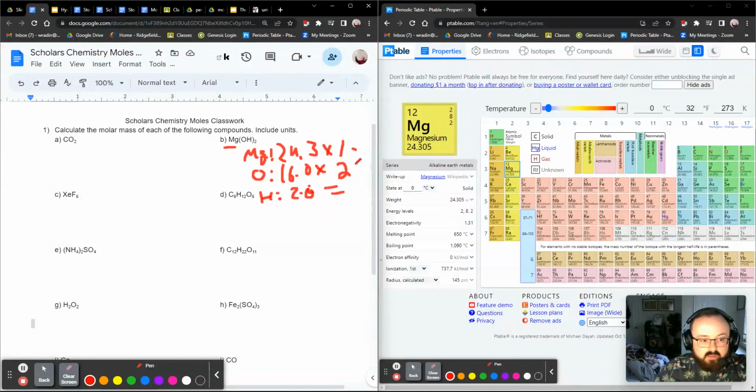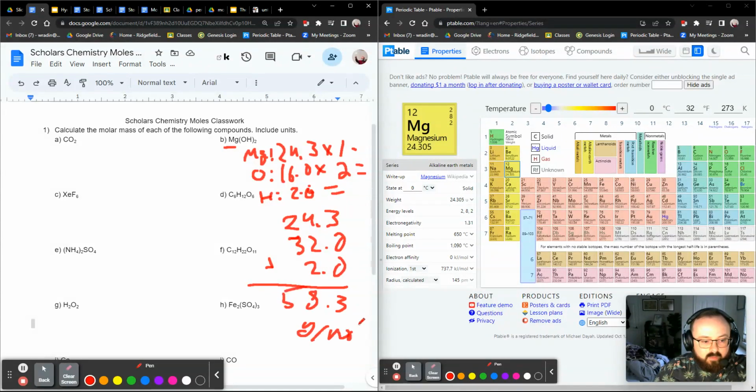So we add up all these, and we're going to end up with 24.3, 32.0, and 2.0. We add all this up, and we get 58.3 grams per mole. All right. So the only tough thing with this is that you have to make sure that this 2 is only being applied to the oxygen and the hydrogen.